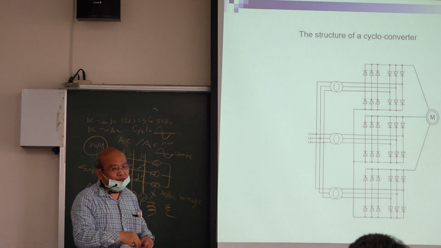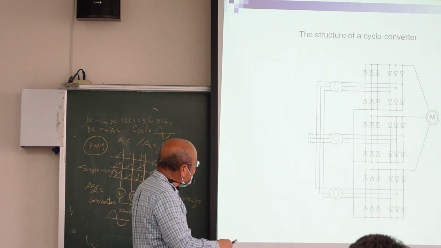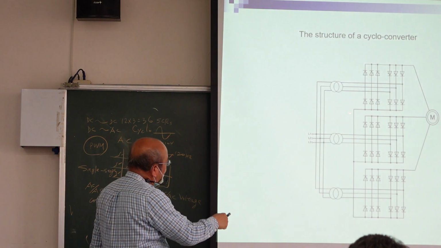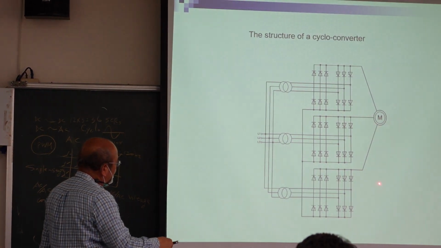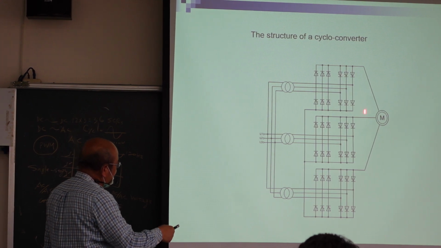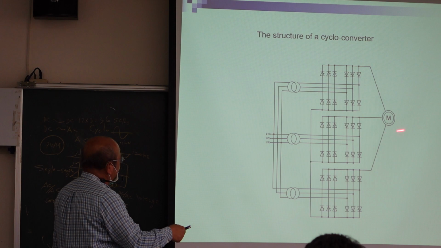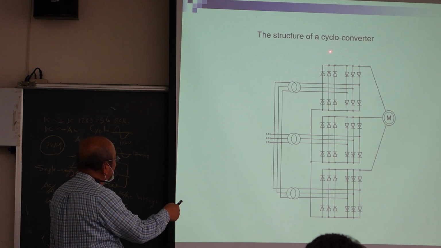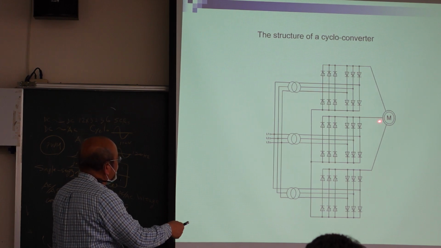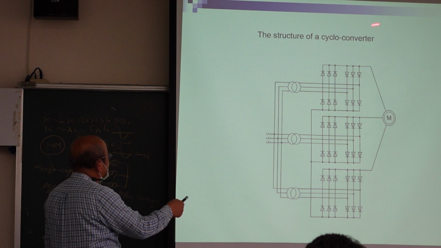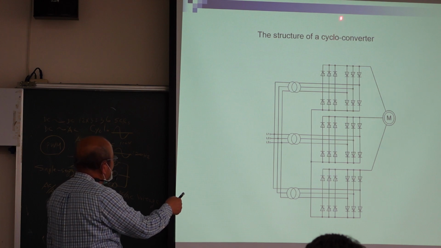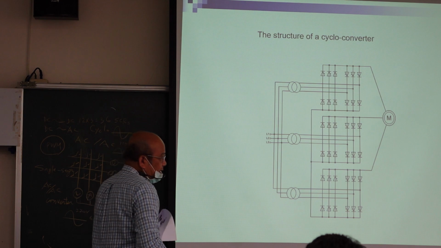Huge, right? Very huge. Then I can control the 3-phase output voltage and its frequency. Then I can change the speed of the motor. So we call this the cycle. We change the cycle of the output. We call it a cycle converter.